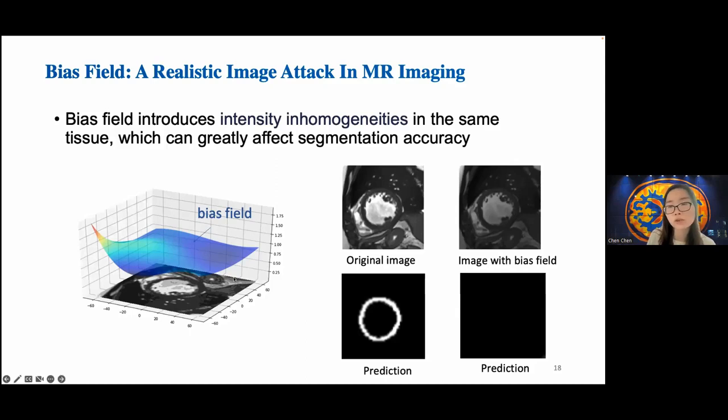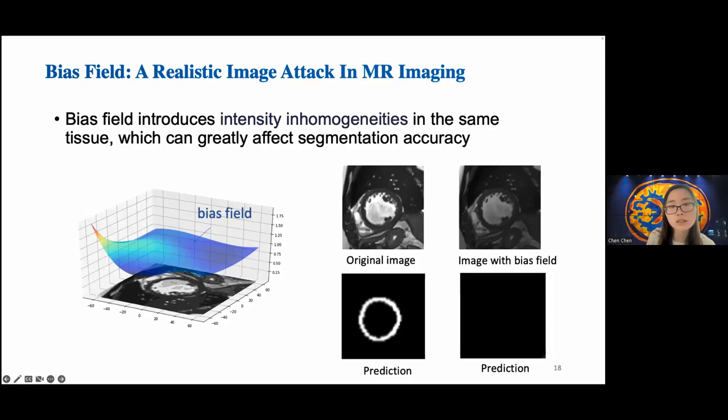In the real world, MR images are often corrupted with this kind of bias field, which is caused by the non-uniformity of the coils. Such a low frequency signal, which smoothly varies across the images, can produce challenges for the model to generalize well.